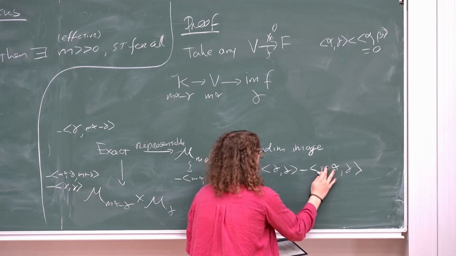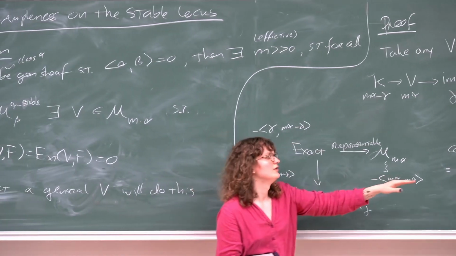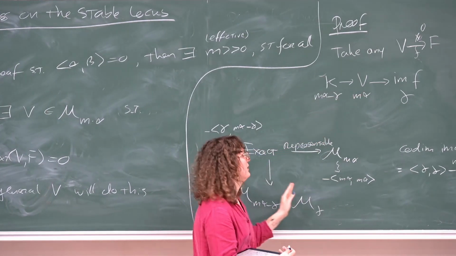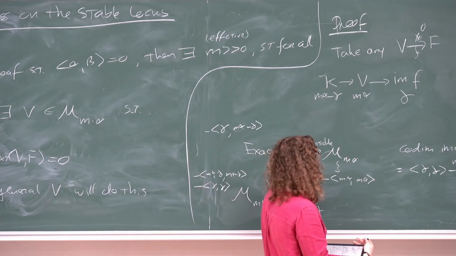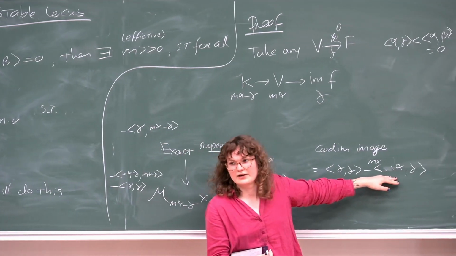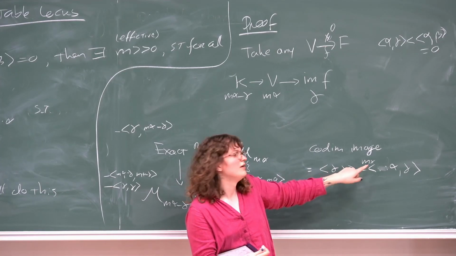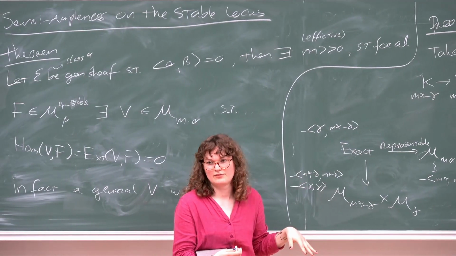So the M actually pops out. So what I now know is that this V, which had this map, lies in the image of this map. But this image will have arbitrary high codimension, because this is negative and I can choose M very, very large. So that means that all the V's that don't work lie in a very high codimension thing.